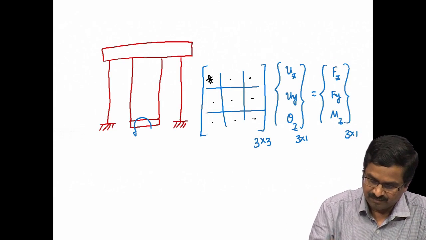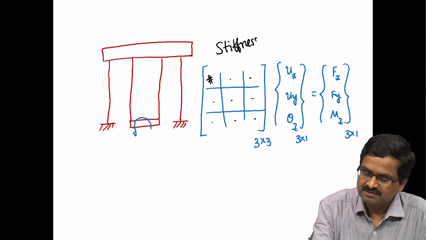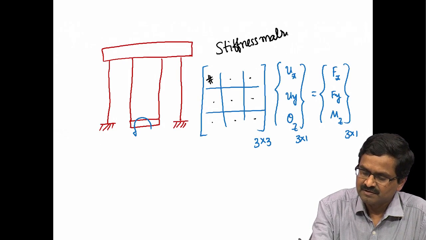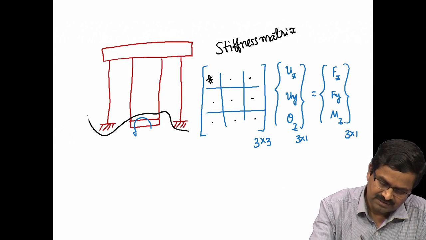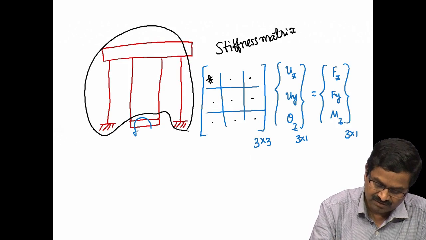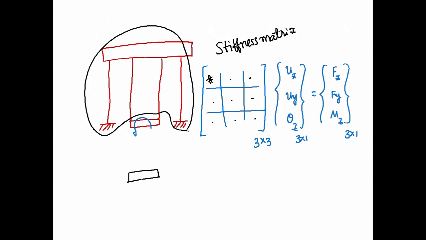The way we want to do this is what we call the stiffness matrix, which basically models the effect of all of this on this block, so that we can have this block as if it is connected to two springs like this. That is, the entire mechanism we are modeling with these springs, and there is a torsion spring also here, right.